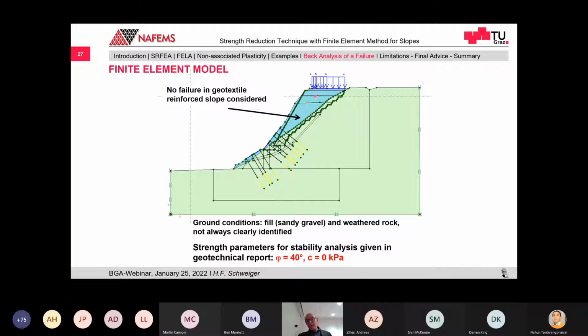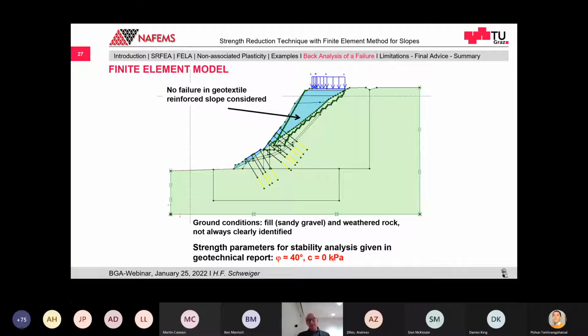We gave this part a very high cohesion, so we knew that it didn't fail within this part, so we excluded that straight away. Ground conditions were sort of weathered rock, not always clearly identified, but in the geotechnical report for stability analysis, the parameters given were friction of 40 degrees and a cohesion of 0.